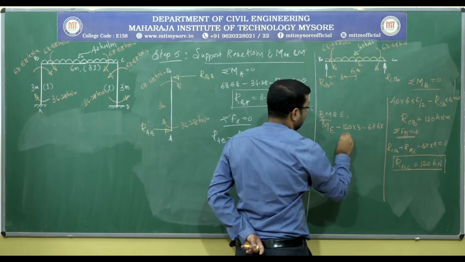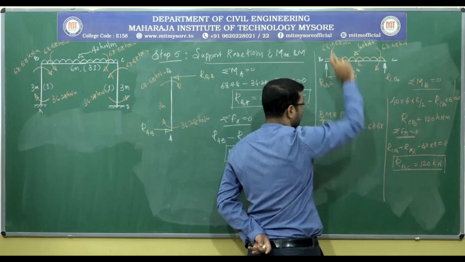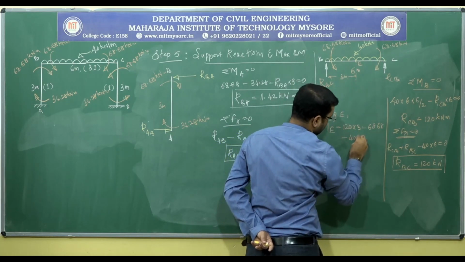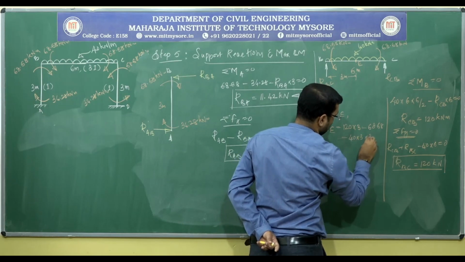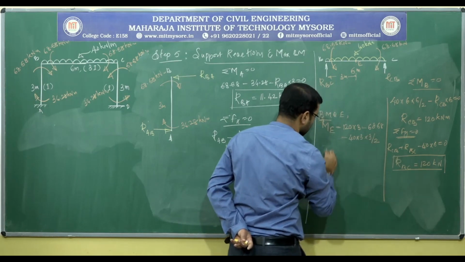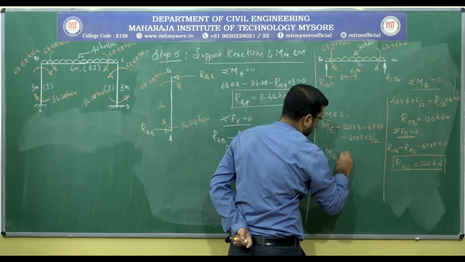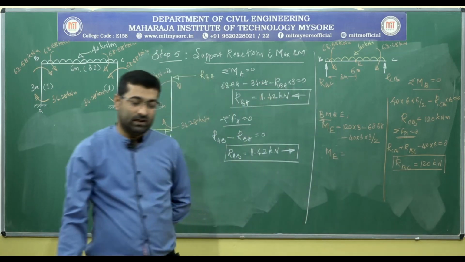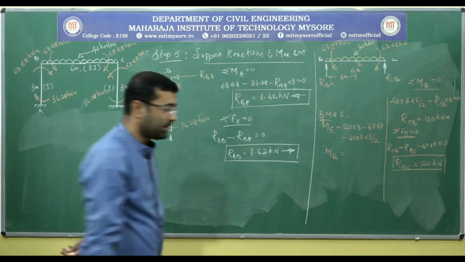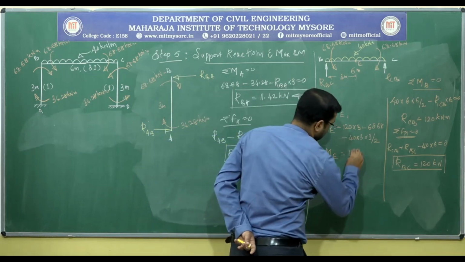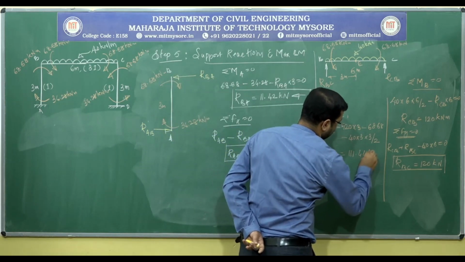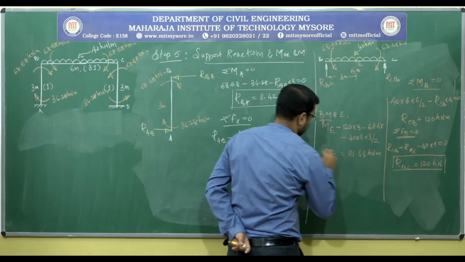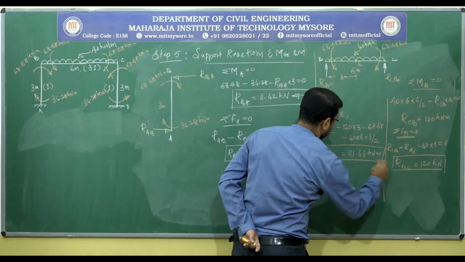Then we have the UDL, which is also creating an anticlockwise moment. So it is 40 into 3 into acting at a distance of 3 by 2. Hence we get ME as 111.44 kilonewton meters. So this is the maximum bending moment.